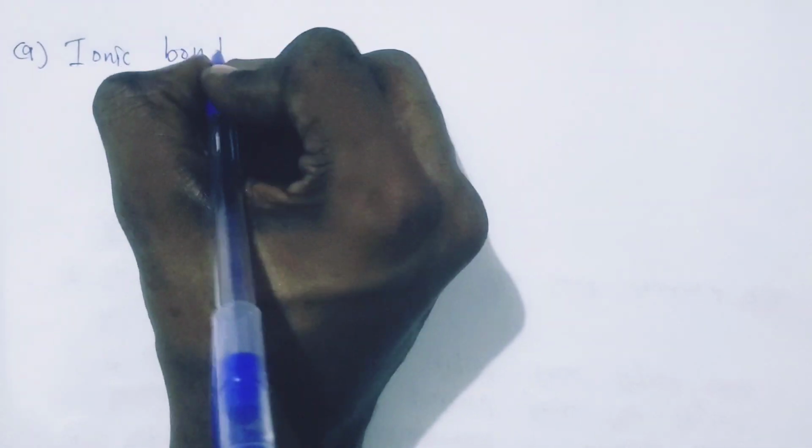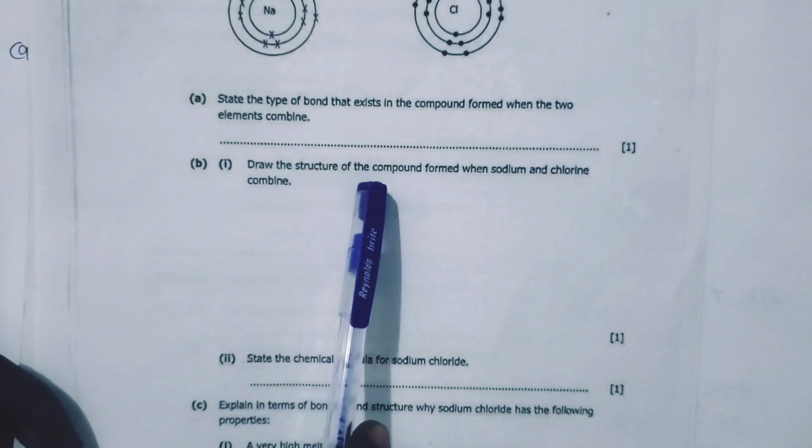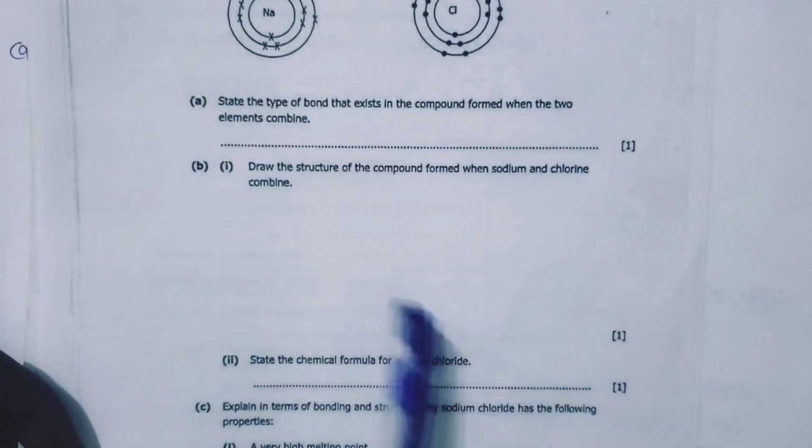Here you simply write, for A, ionic bond. Since they used bond, what type of bond? It's an ionic bond.